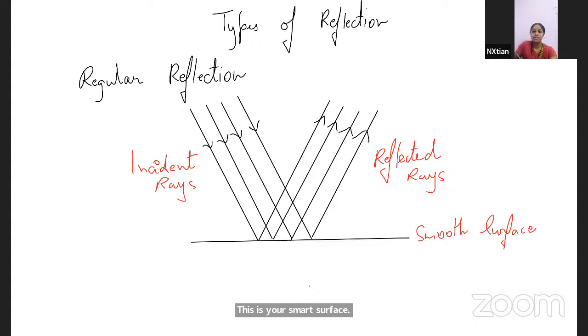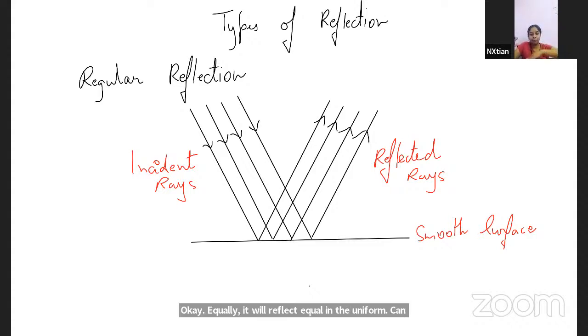So what is basically regular reflection? It is created by plane mirrors with smooth surfaces. The incident rays that are falling on the surface will reflect equally in a uniform manner. Can you see the uniformity here?